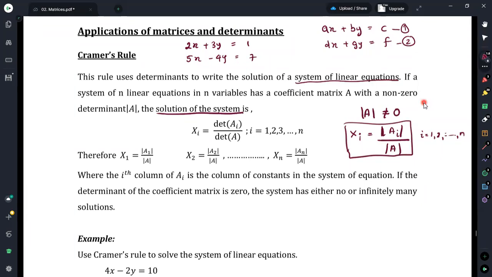Previously I told you that if the coefficient matrix has a non-zero determinant, we proceed with the calculation to the next stage.